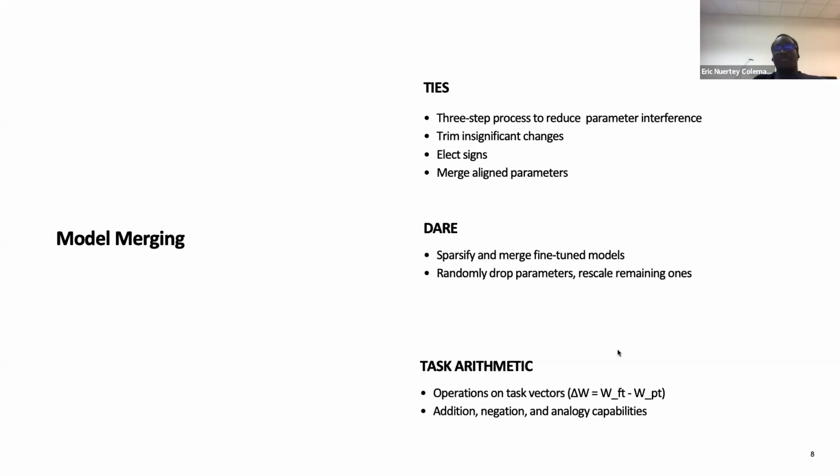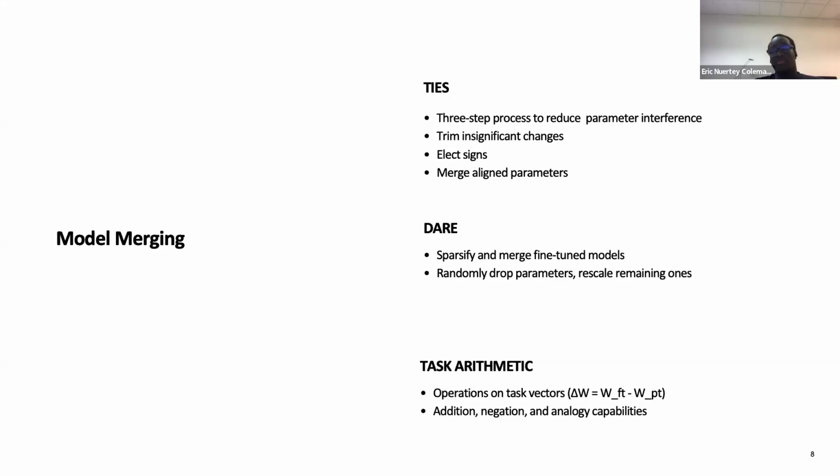For example, TIES merging uses a three-step approach. The first step is to drop most of the redundant parameters. In their work, they show that you can actually drop a huge percentage of these redundant parameters, basically parameters that don't receive any significant updates during fine-tuning, and the model is still able to achieve similar performance to when you have all your parameters.